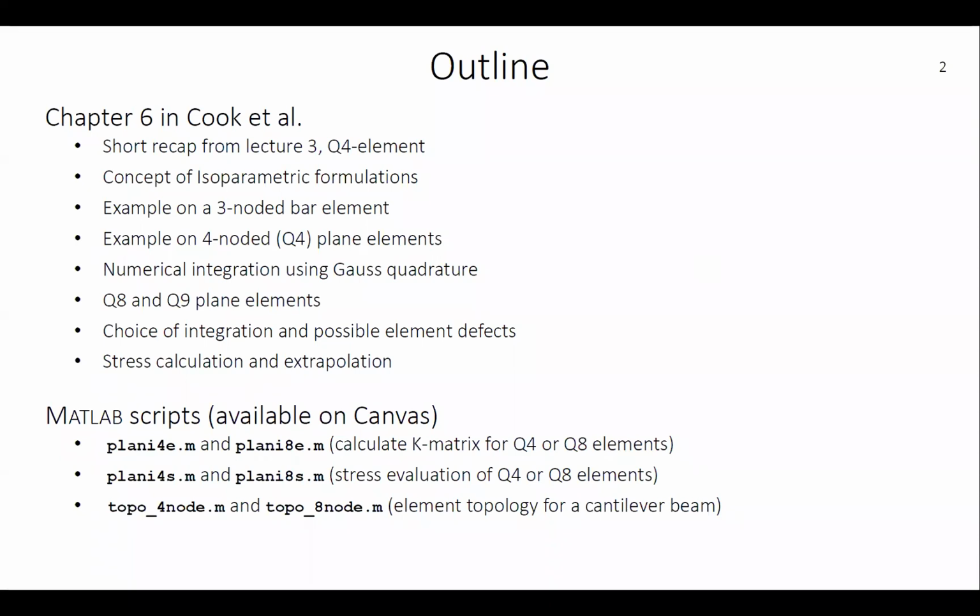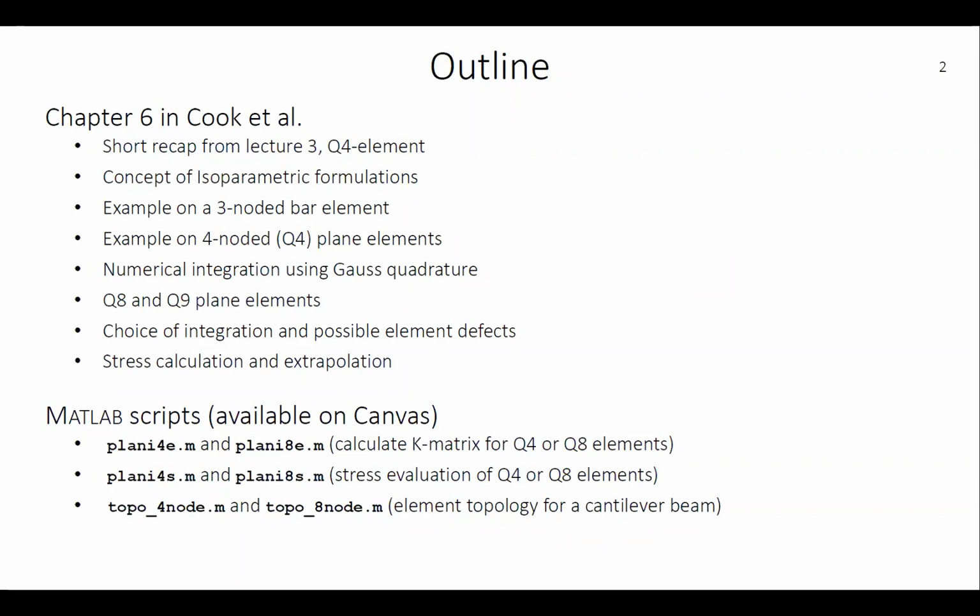Throughout this lecture, I will also try to follow the notations in the book, and I also have quite a few images and equations taken directly from the book. So this is more to be seen as an introduction to chapter 6 in the book rather than covering in great detail all the aspects of it.